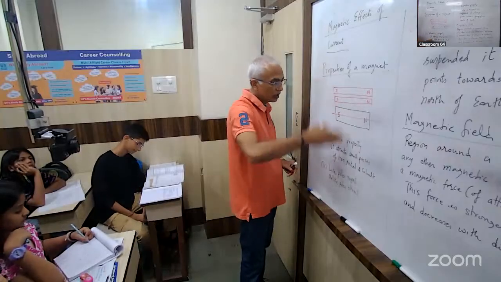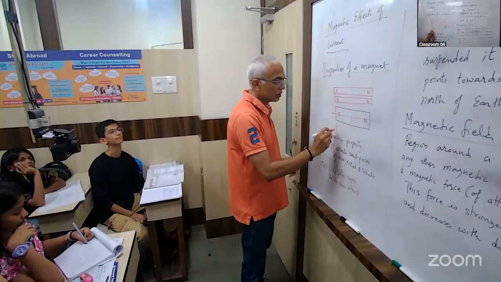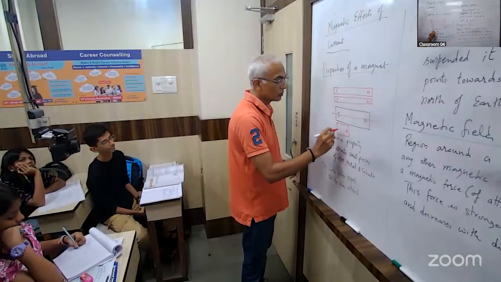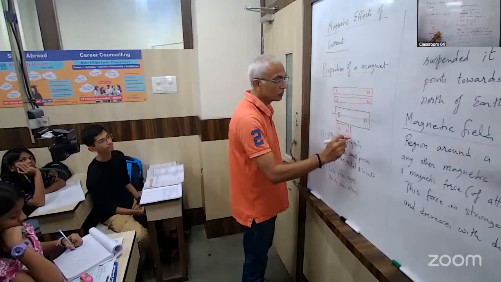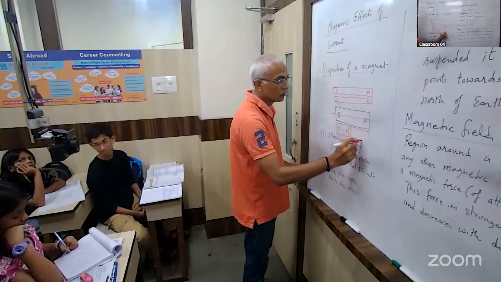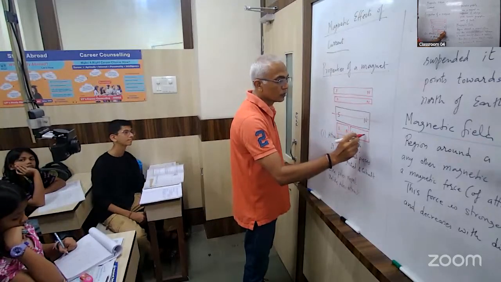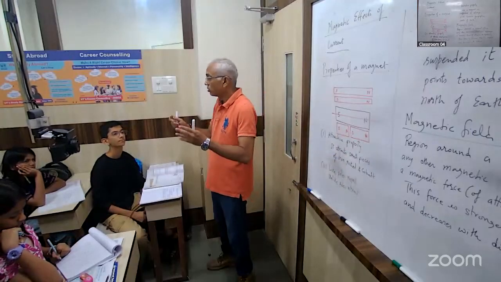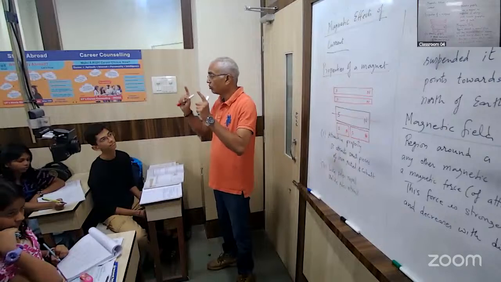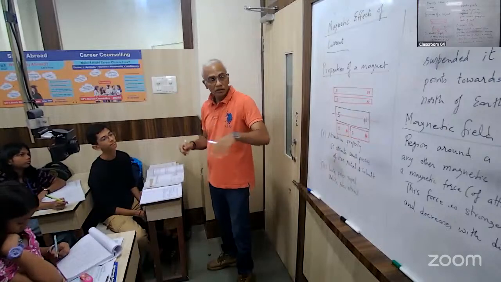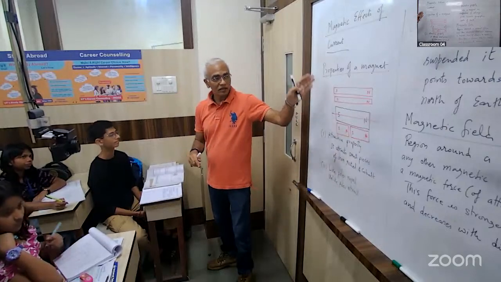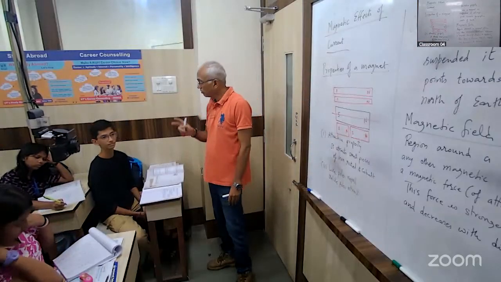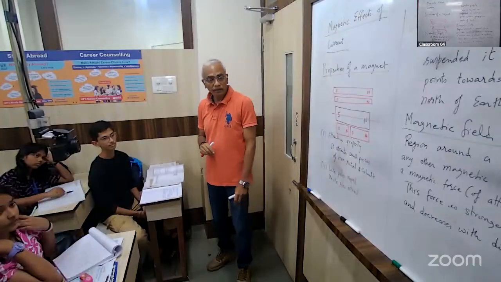Again, if I break it vertically, then too it will have two poles, north and south. So a magnet is always a dipole. It will have two poles. Okay? So you cut it either along its length or midway, it will always be a smaller magnet.